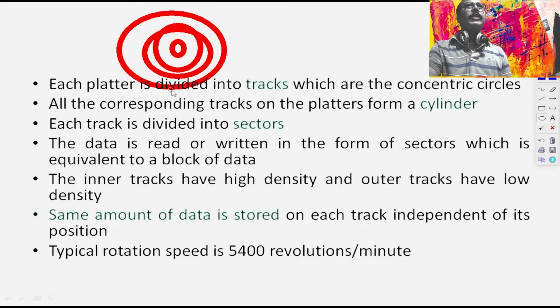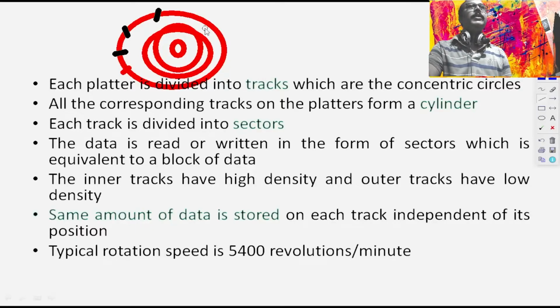So each circle is called a track. This is one track, this is another track, this is another track. And each track is divided into what are called sectors.